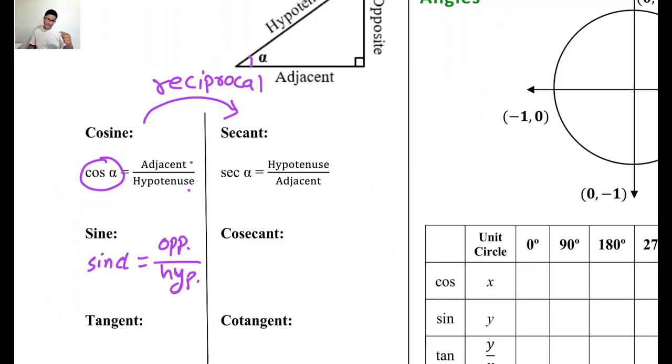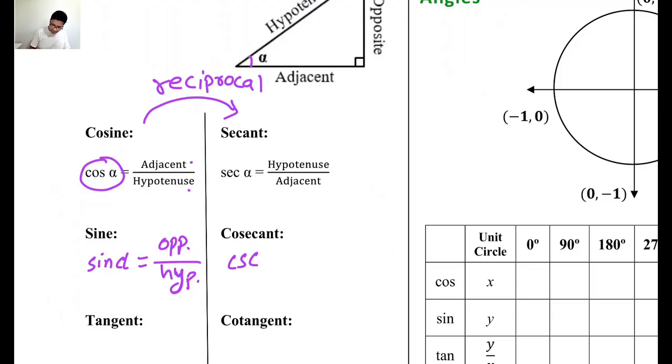So sine alpha and cos alpha, both of them have hypotenuse in the denominator, something that will be useful as a concept. The numerators are 2 of the legs. Adjacent is cosine, opposite is sine, and cosecant is the reciprocal of sine, and its abbreviation is CSC.